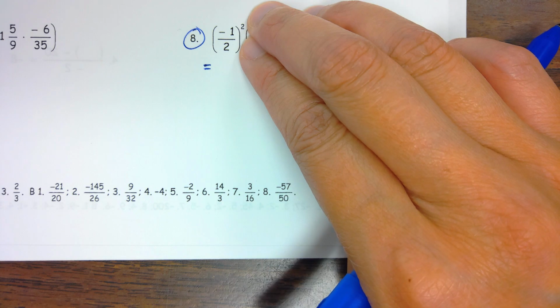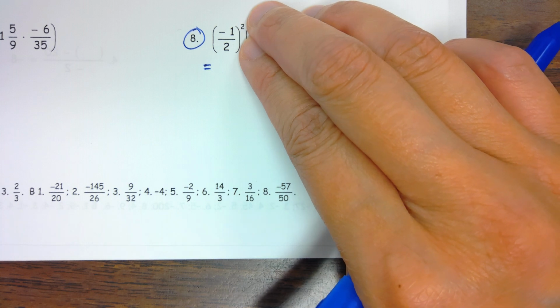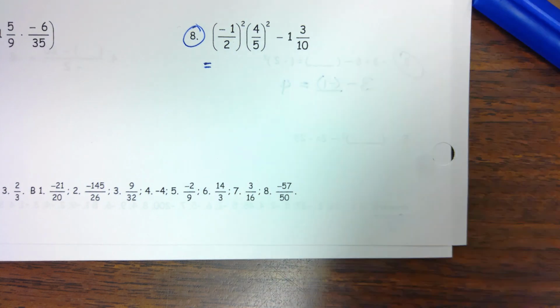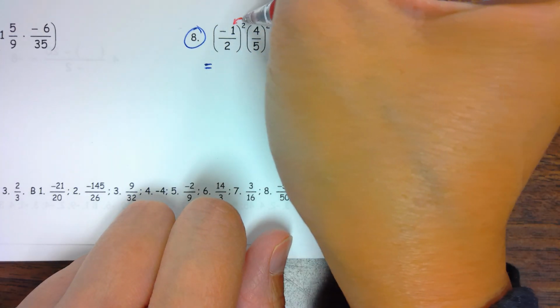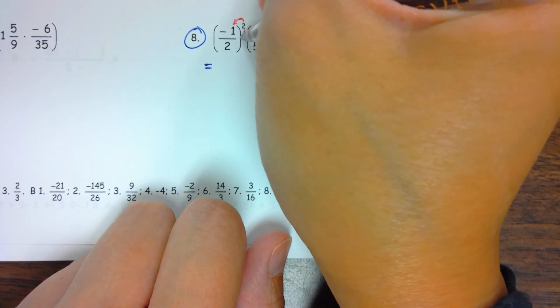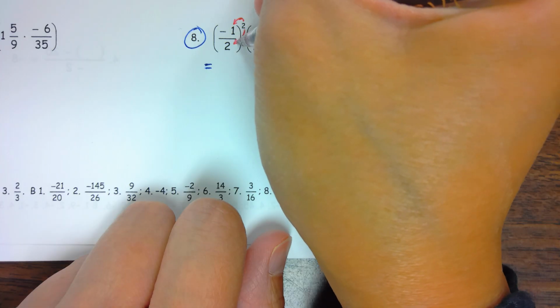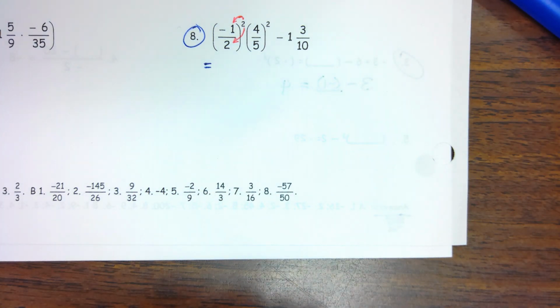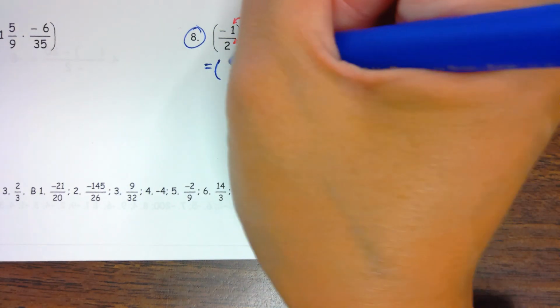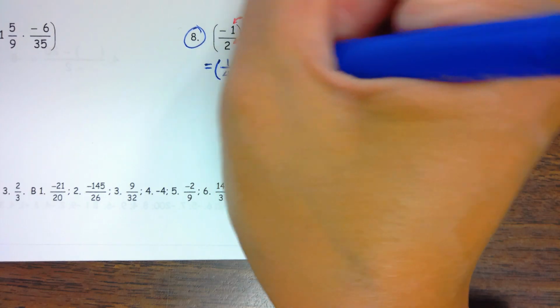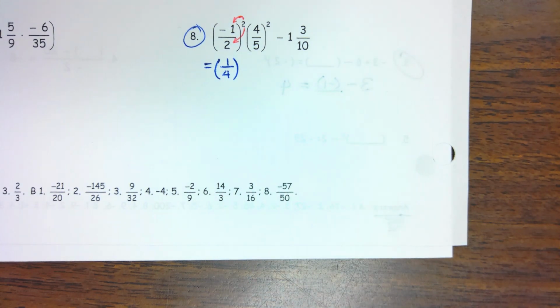Who has a different answer? 1/4. That's right. Why? That's why the bracket is important. When you square, you are squaring both the top and the bottom because it's in brackets. If there's no brackets, then it will be 1/2. If there's brackets, this becomes 1/4. Right?